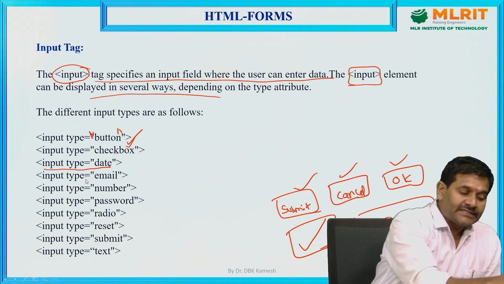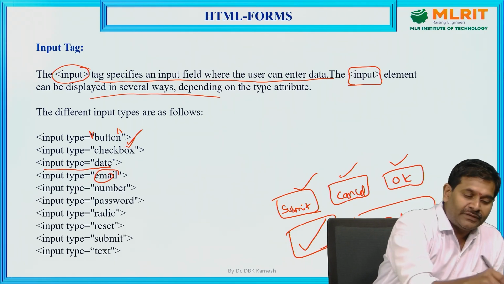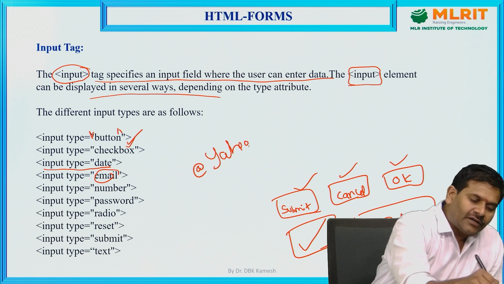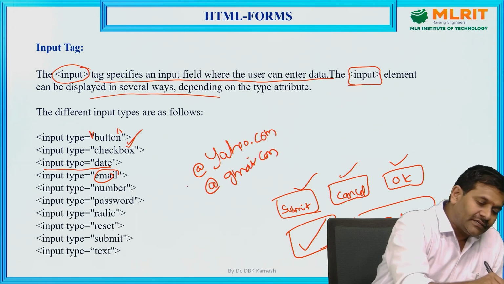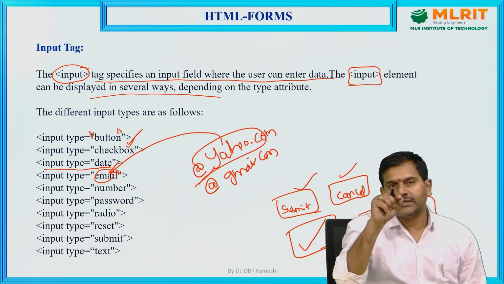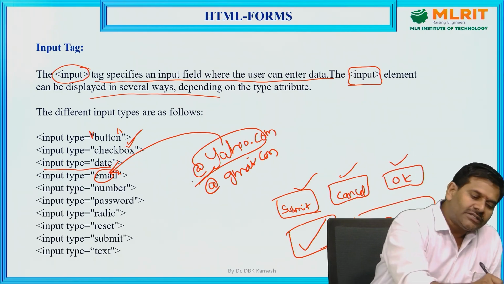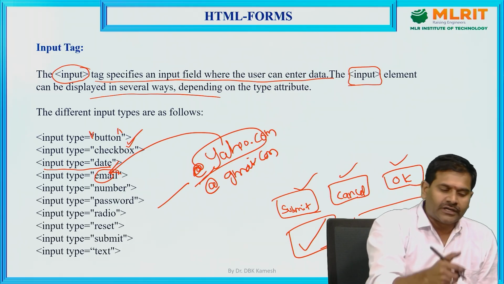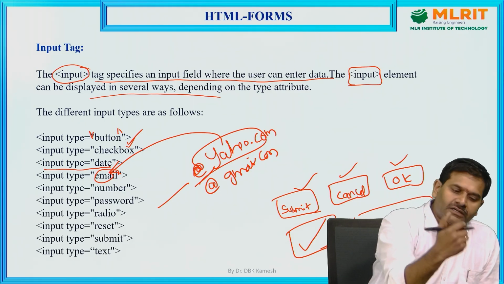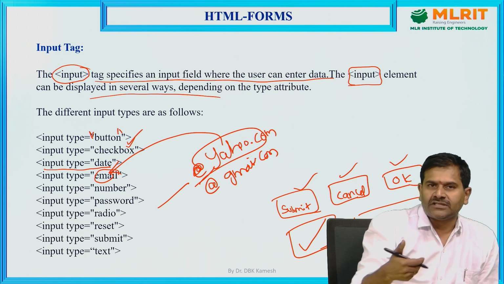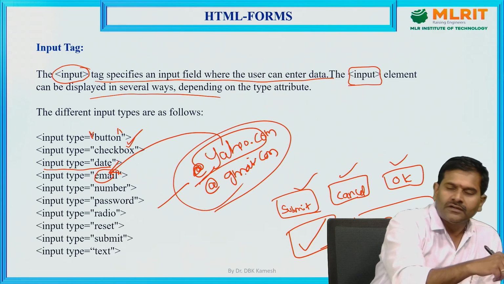The next one is input type equals email, where you can use an @yahoo.com or @gmail.com symbol in the email format. Once you use input type equals email, it follows your username, followed by Yahoo, Gmail, Rediff or whatever; based on the institution, mail IDs can be kept here.